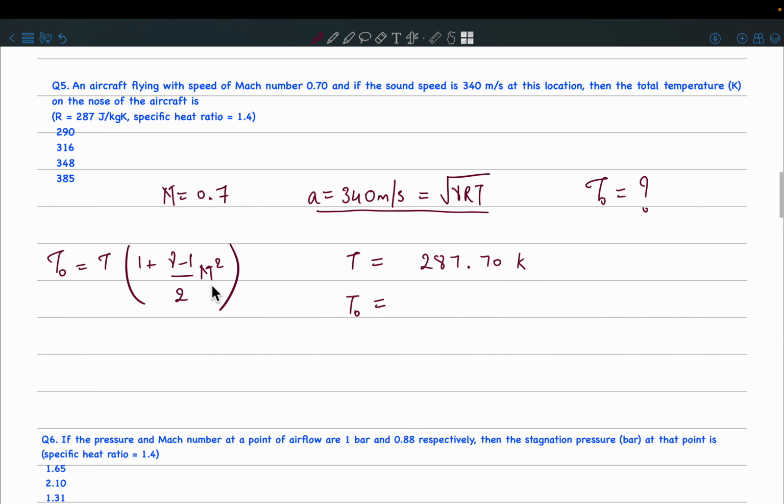You have the Mach number, R is given, gamma is given. So what is T naught? Yeah, 315.89. So from the options you can see that it is approximately equal to 316 Kelvin.